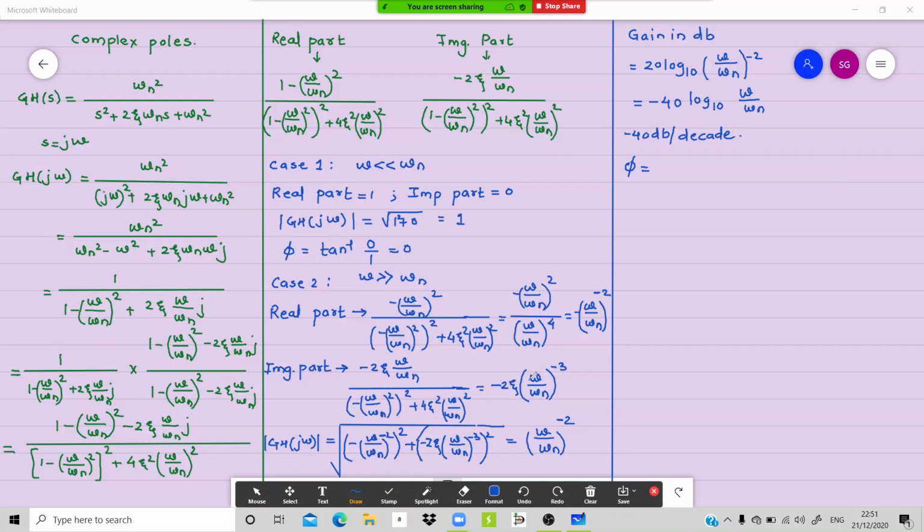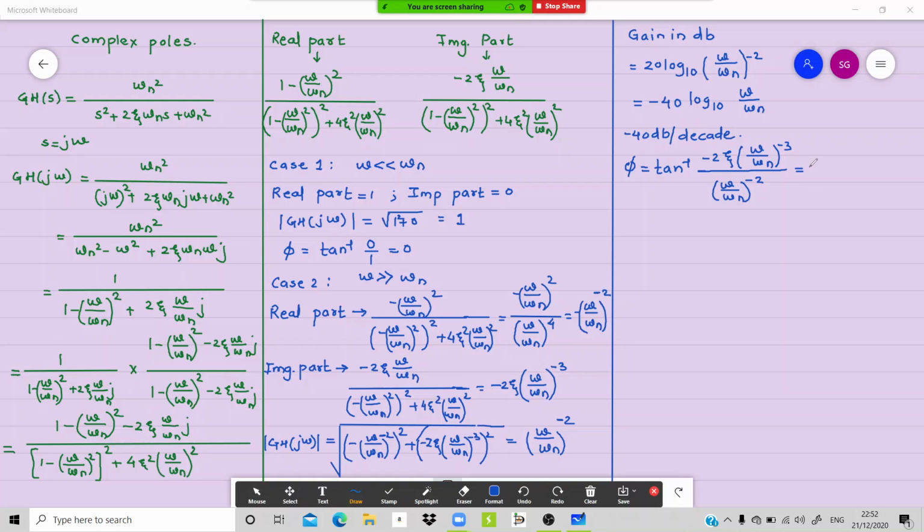The imaginary part upon real part, and tan inverse of that. So I'll write tan inverse of minus 2 zeta omega upon omega n raised to minus 3, divided by the real part, that is omega upon omega n bracket raised to minus 2. Correct?